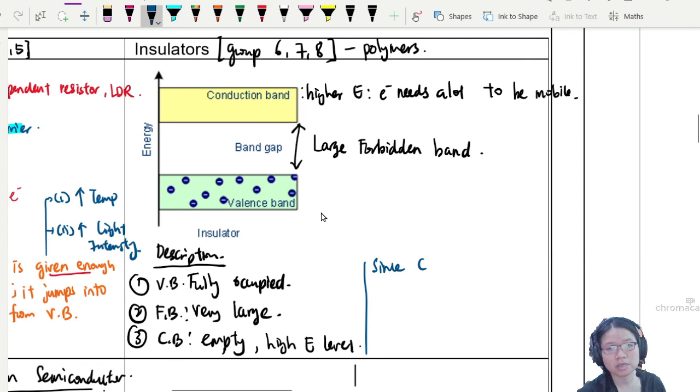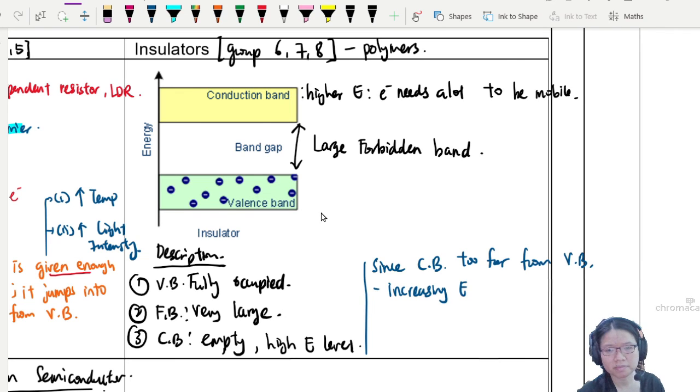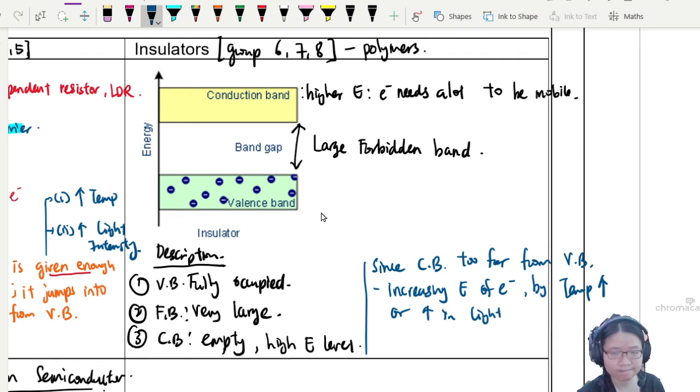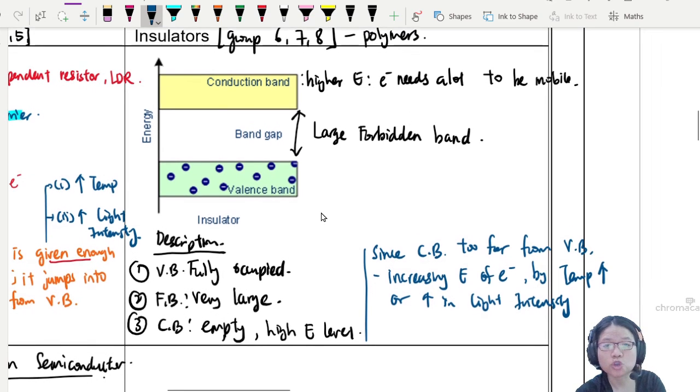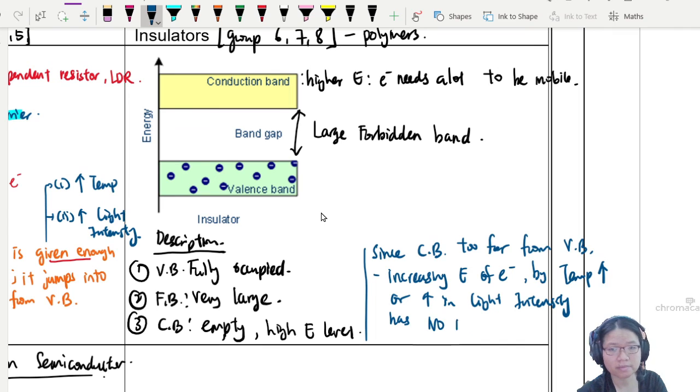So since the conduction band is too far from the valence band, increasing the energy of the electron by increasing the temperature or increasing the light intensity, there's temperature increase or increase in light photons, okay, light intensity, has no effect on the resistance. Sad case. So it just will not conduct for you. I don't care if you heat it until it melts, it will not conduct for you.